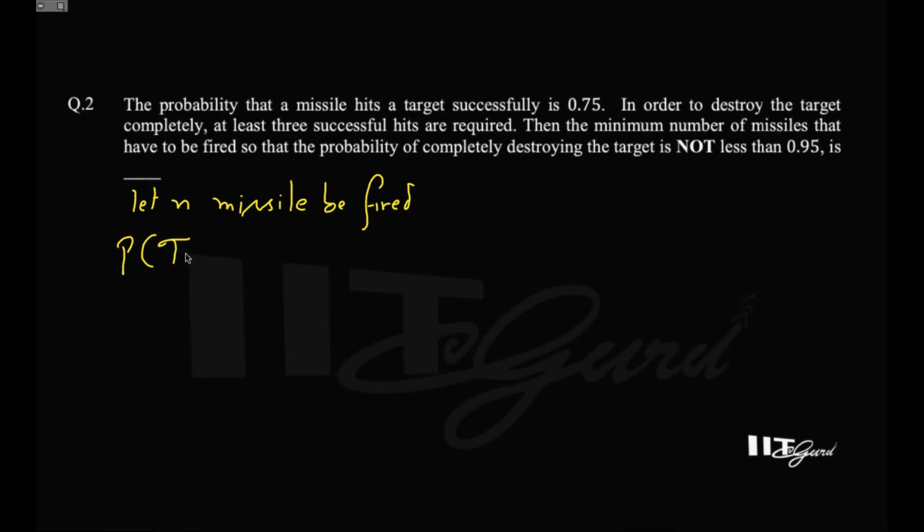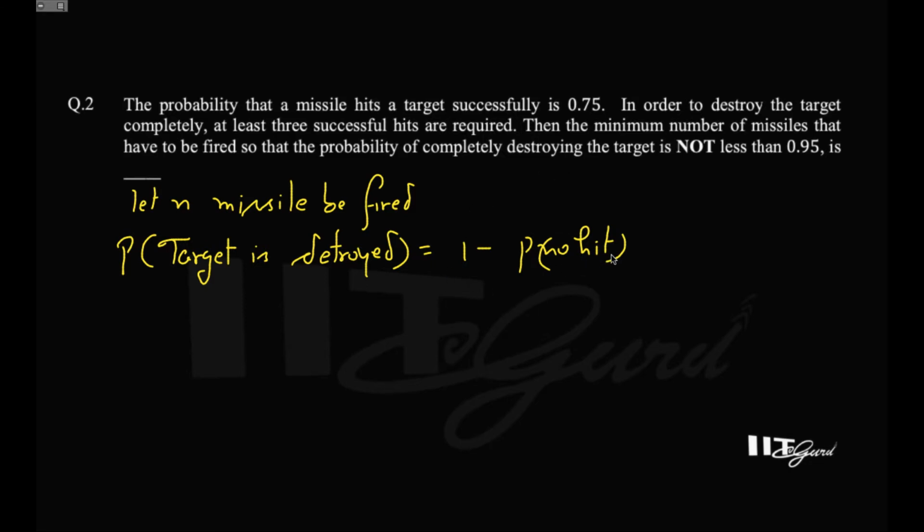Our target is to destroy. So the probability that the target is destroyed is 1 minus the probability that no hit is there. Because when it hits, only then will the target be destroyed.